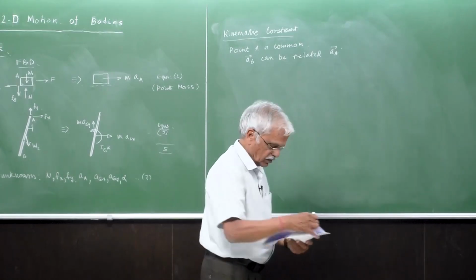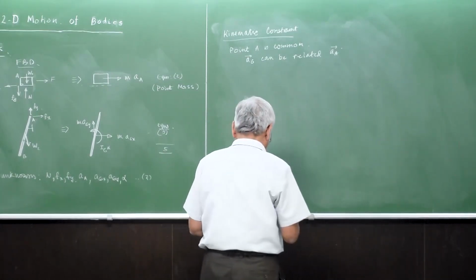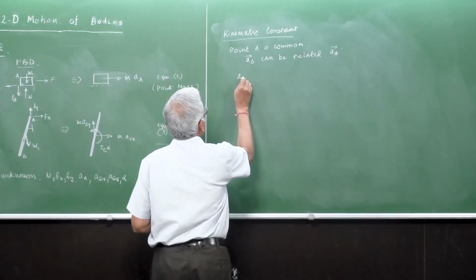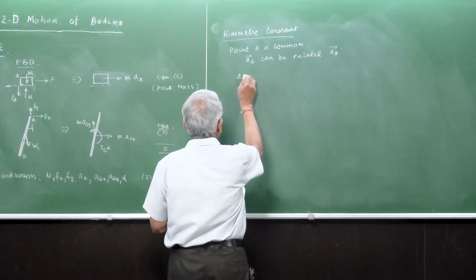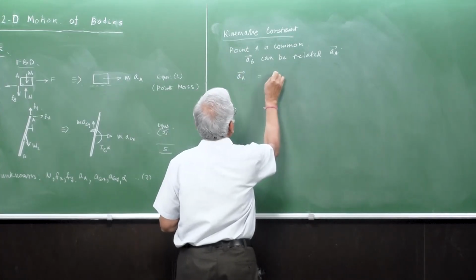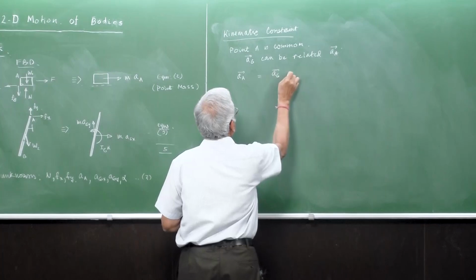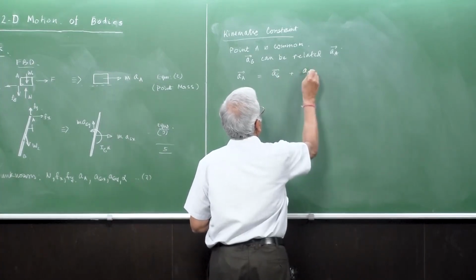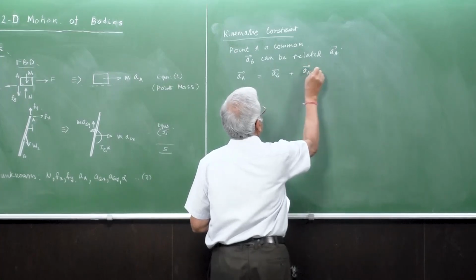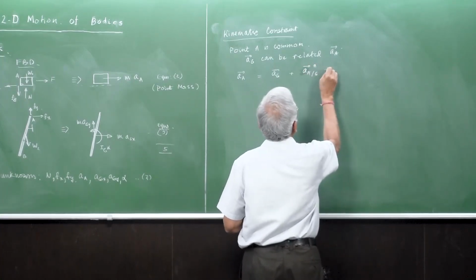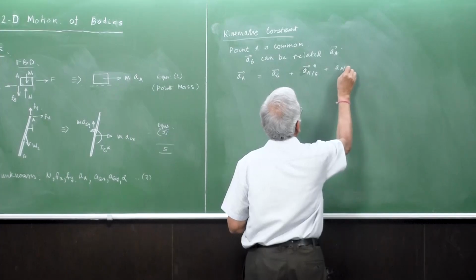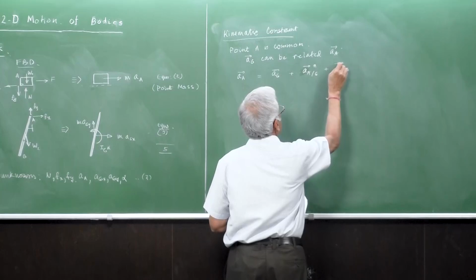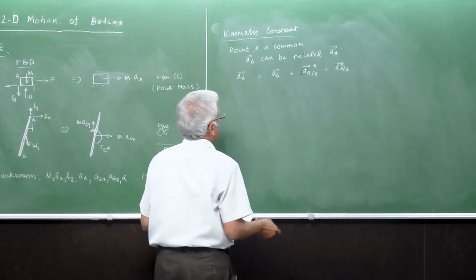Let's just see what we have here. The acceleration of A here is related to the acceleration of G by a with g. This is the general relationship. So this is normal and this is tangential, and normal depends upon omega.